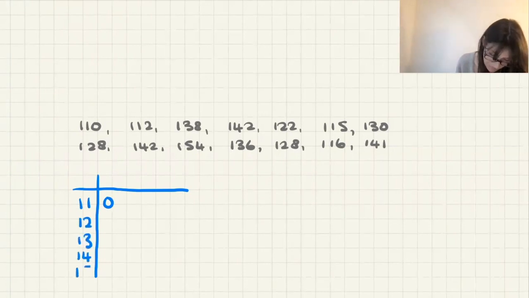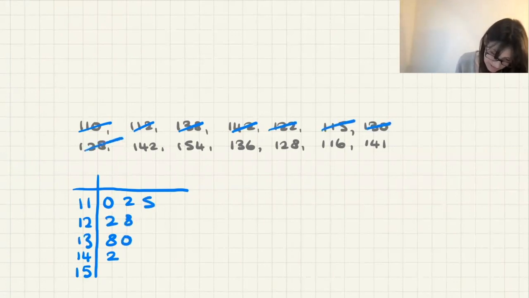So I'm going to need that as well. So my 110 is already in. 2, 138, 142, 22, 5, 130, 38, I've got 2 there.